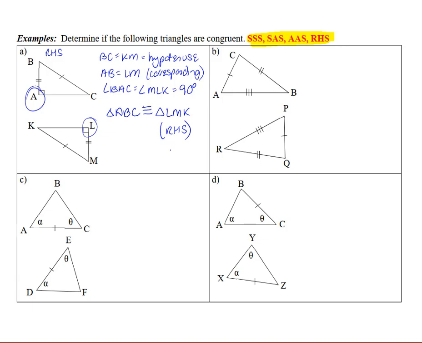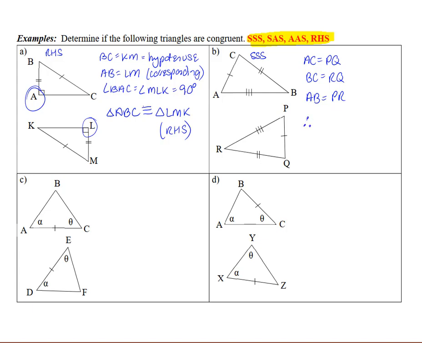Now let's look at the next one. Straight off, I'm seeing three sides. Okay, if I rotate it around, they'd be on top of each other, so I'm going for SSS. So AC equals PQ, BC equals RQ, and AB equals PR. Okay, so therefore, nice and easy one.